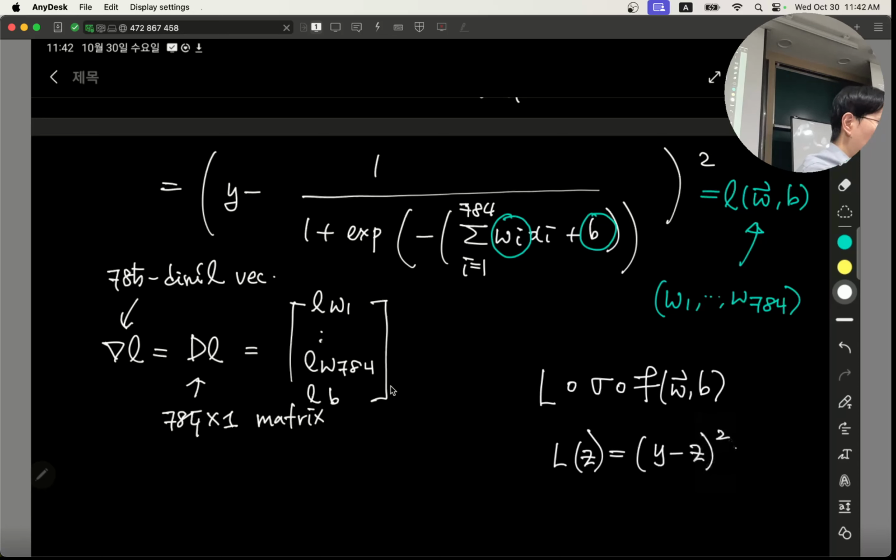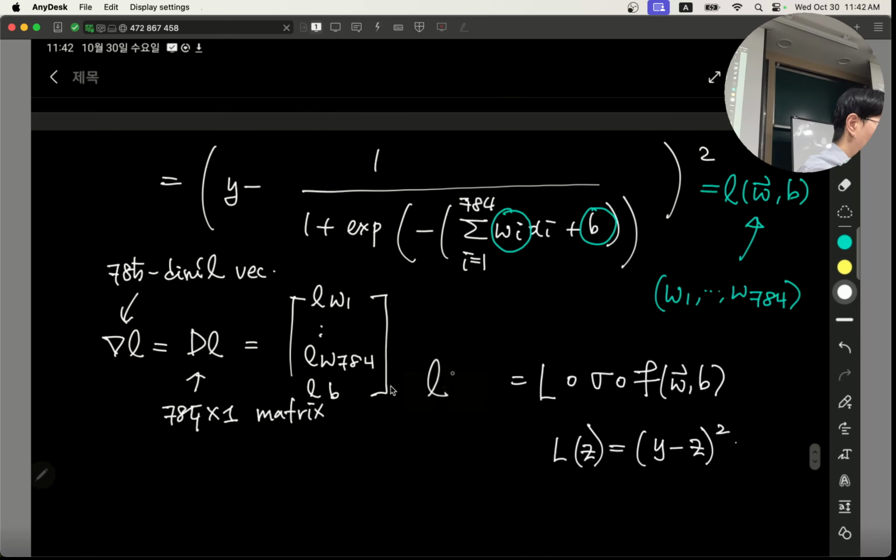Here y is constant, so you assume that x and y are fixed and we don't change them right now. Once you take the composition of these three functions, you get L as a function of W and b.